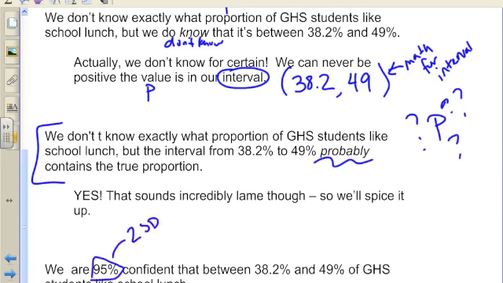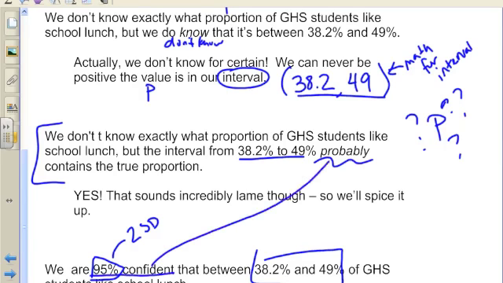We're 95% confident that between 38.2% and 49%, my interval, of Granger High School students like the school lunch. So I'm 95% confident. That's the same as this probably, it just sounds a little more technical. We will actually be talking about this phrase a little more in depth in class, so we can see a visual to help us understand why I use that phrase.